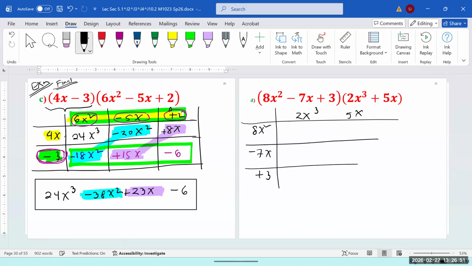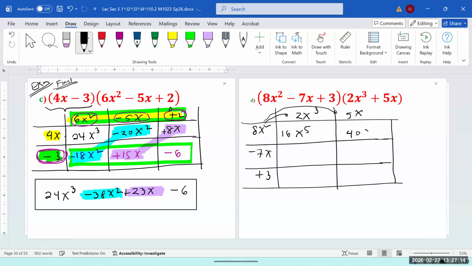Perfect. 16x to the 5th. 40x to the 3rd.